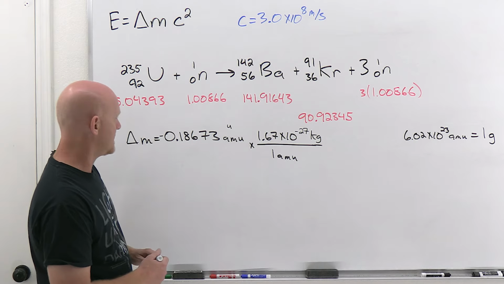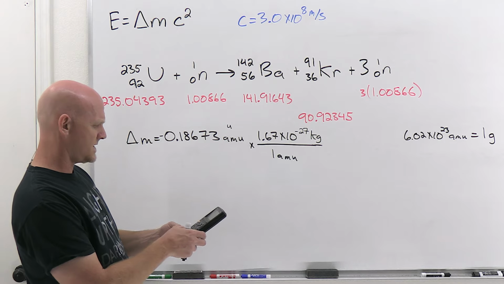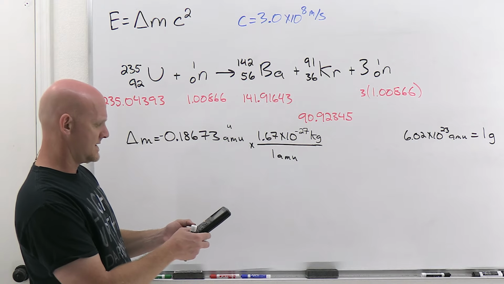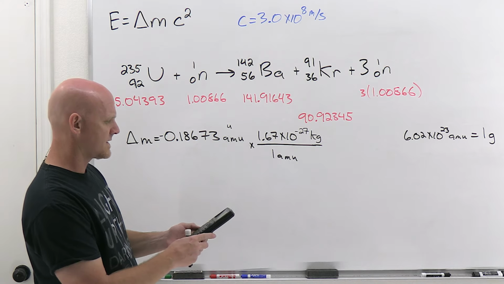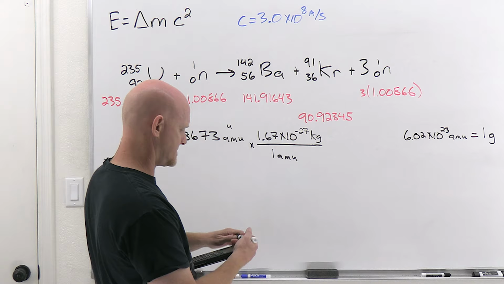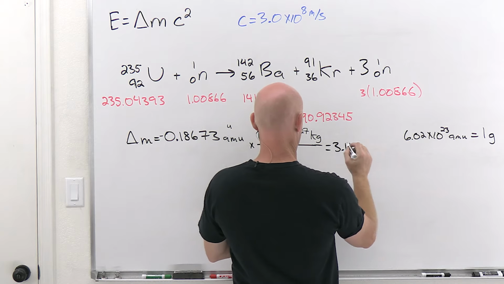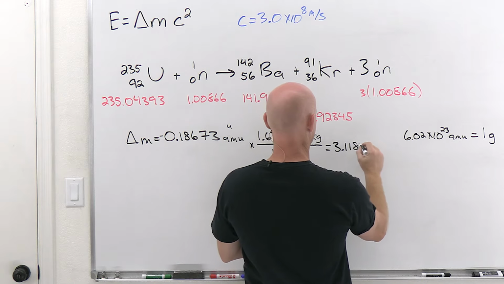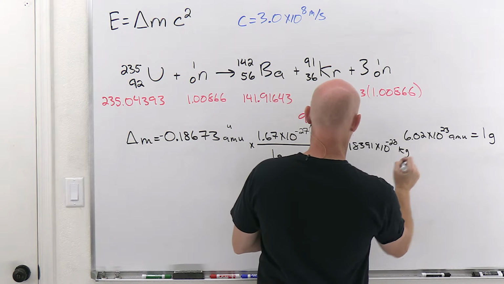All right, let's do some plugging and chugging. So we've got 0.18673 times 1.67 times 10 to the negative 27, and we're going to get 3.11. Let's just keep all these decimals: 3.118391 times 10 to the negative 28 kilograms.